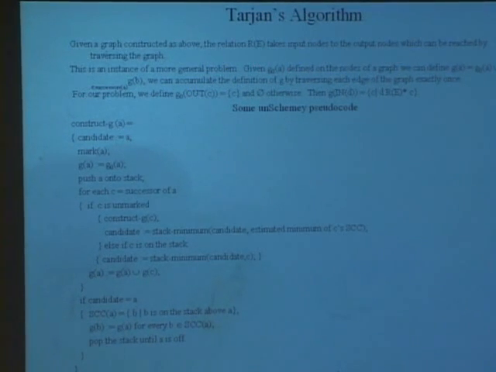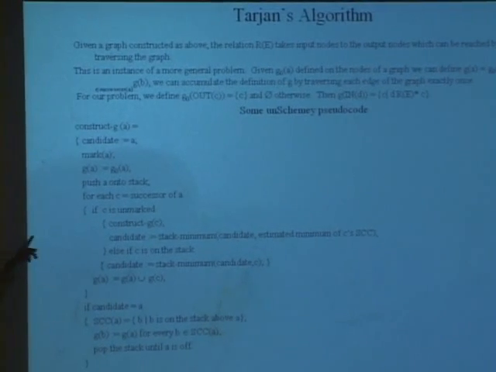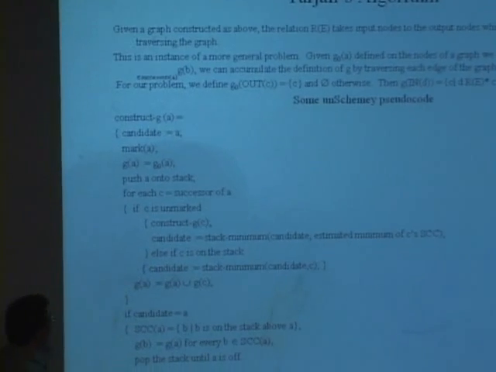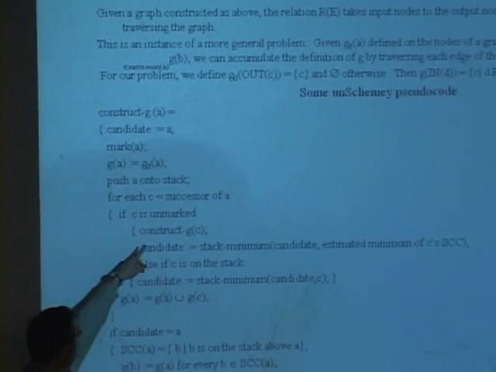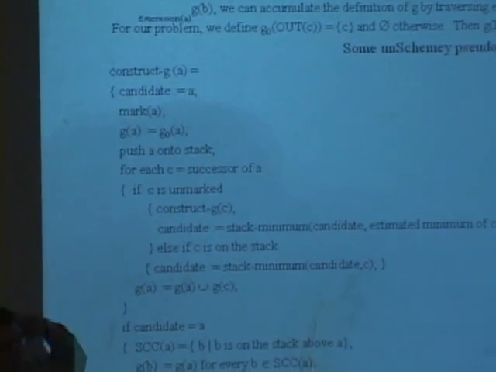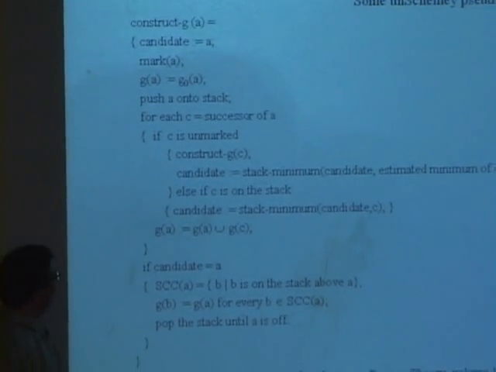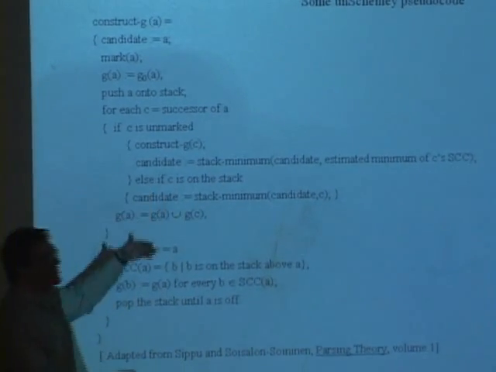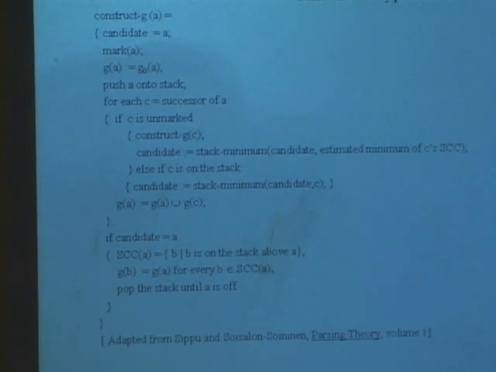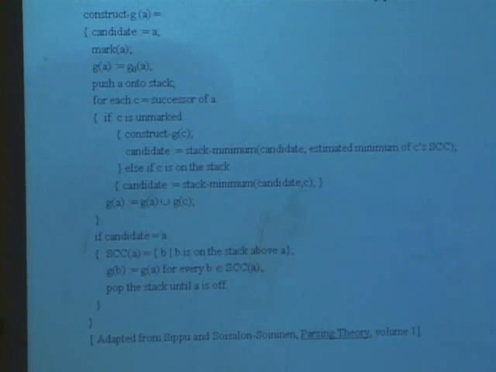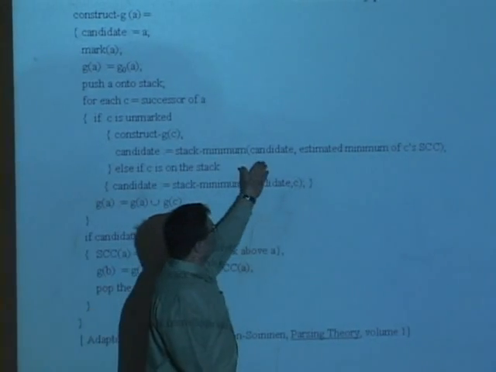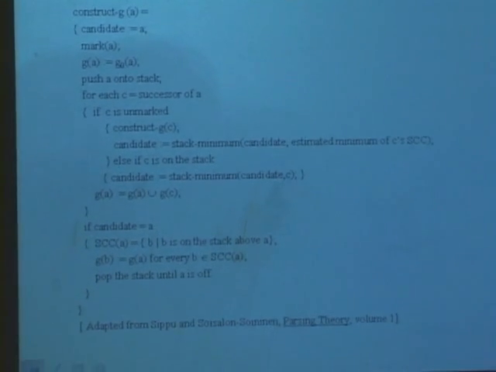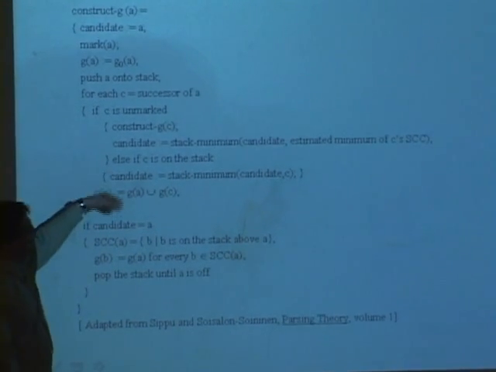And you get that by just pushing A on the stack, and then as you go through, if you encounter a C that isn't marked, right, then you explore that node. And when you come back, you're computing this minimal node of the strongly connected component that it belongs to. And so you compare your candidate with the candidate that comes back for C, and you take the minimum of those two.